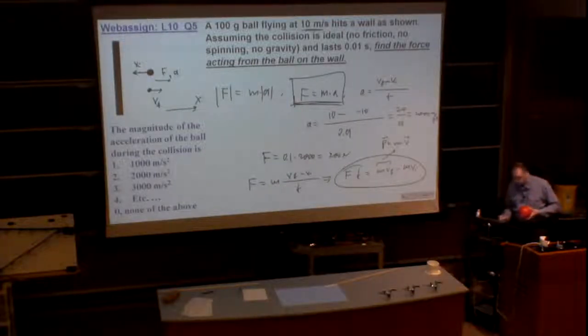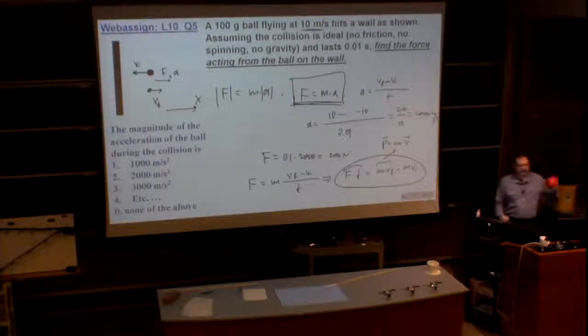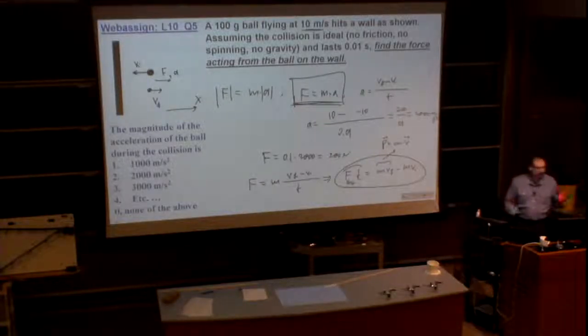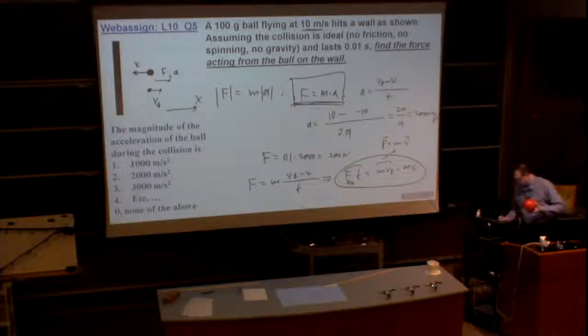Technically, this is not the instantaneous force. This is the average force during the collision. But the collision takes a very short time, so it doesn't really matter. This product of the average force and the time of the collision has a name, the impulse of the force.